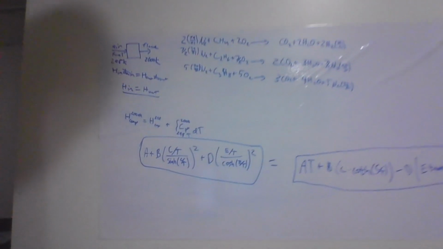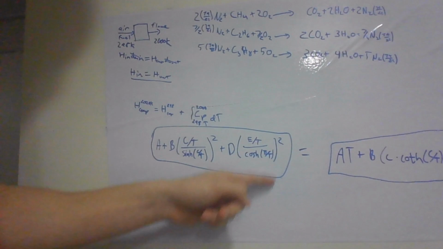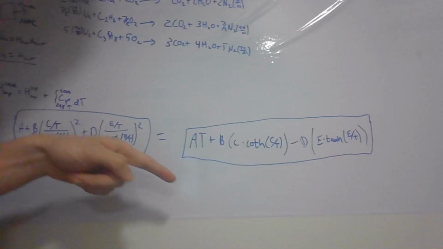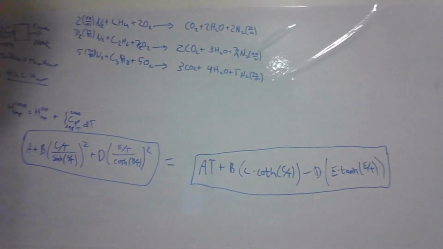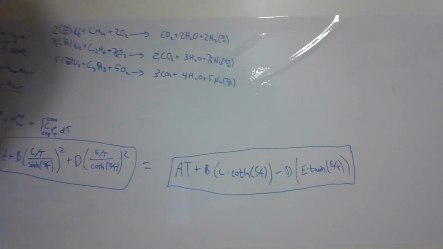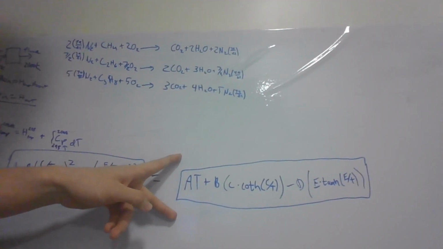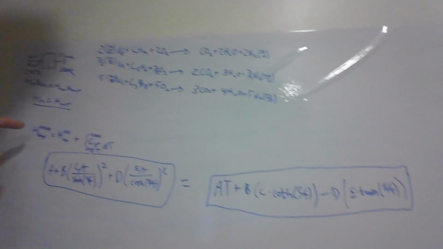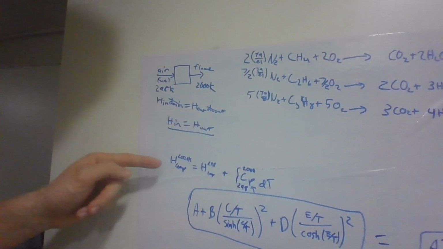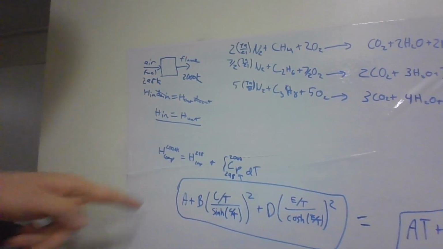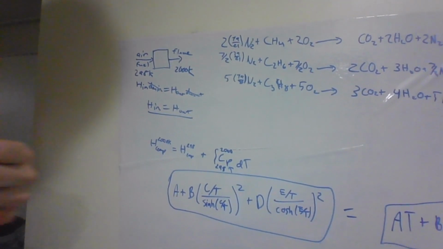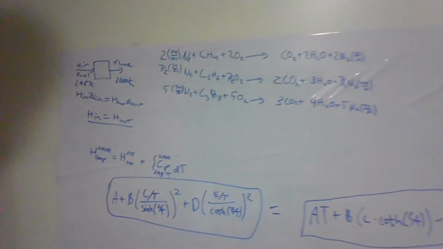So basically what Wolfram Alpha did was integrate this whole equation here into this. Now that we have this equation, this will tell us the enthalpy for each compound. So now we have all that.